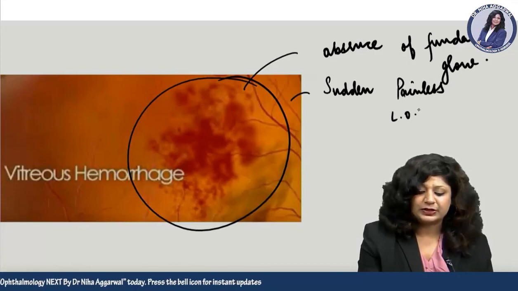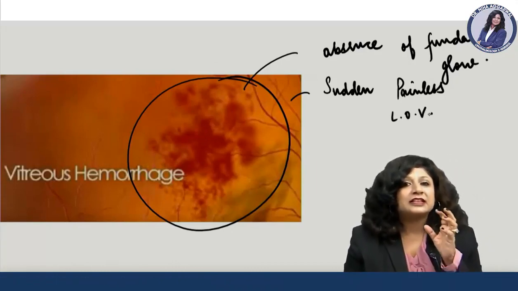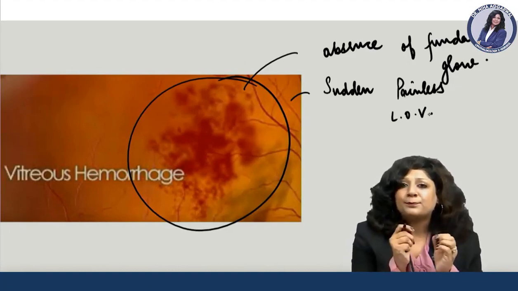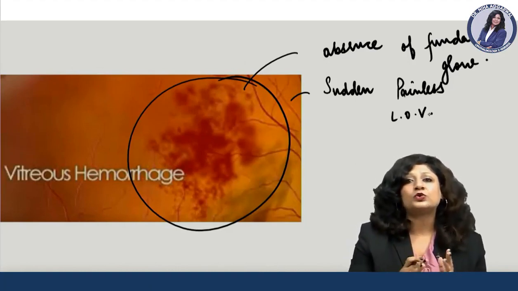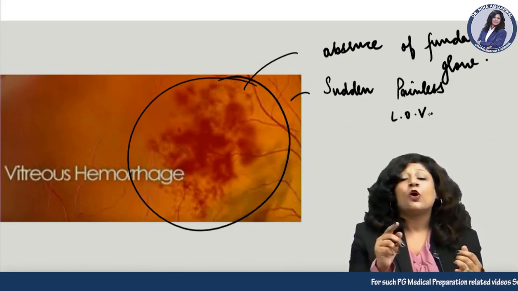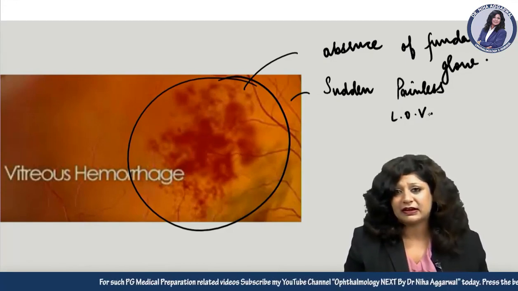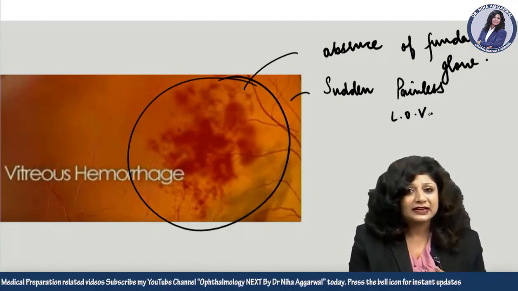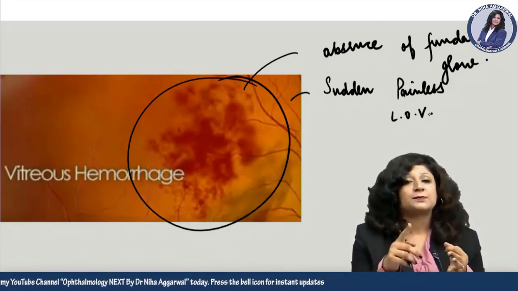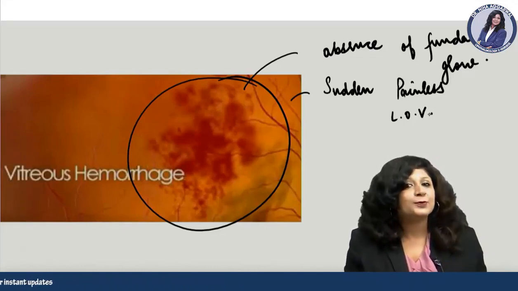As I always say in the classes also, this is the most important aspect, how to approach the question, how to reach the diagnosis. Always see what type of vision loss is occurring in this patient, whether it is sudden, gradual, painless, painful, stationary, or progressive.